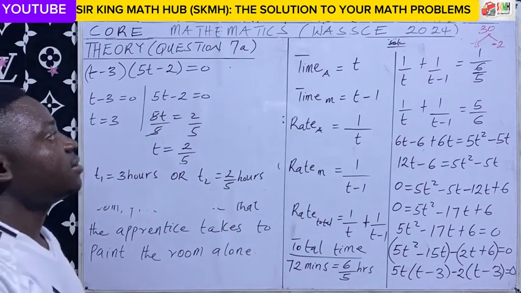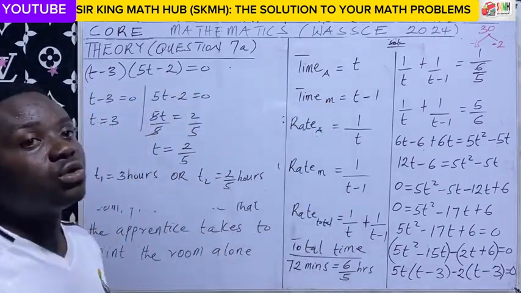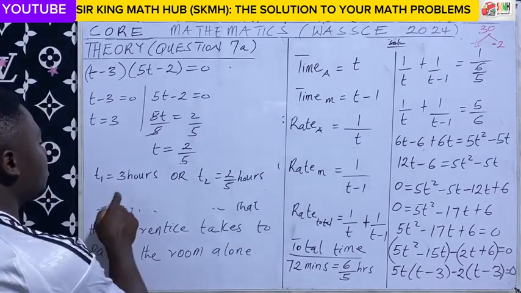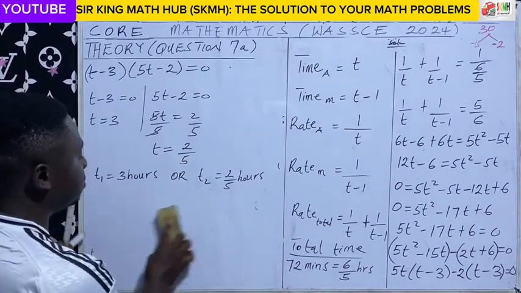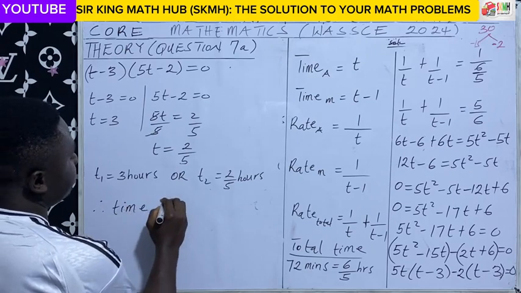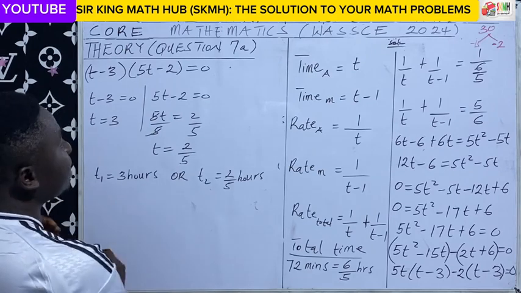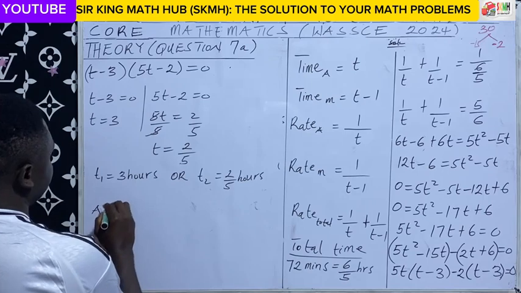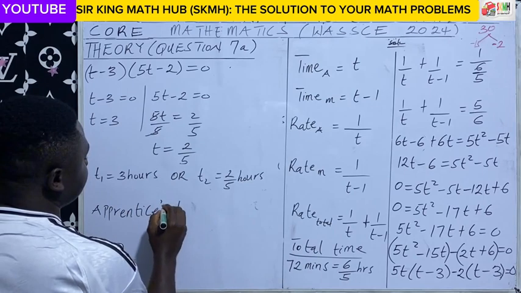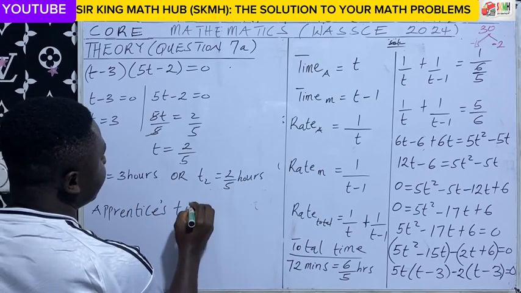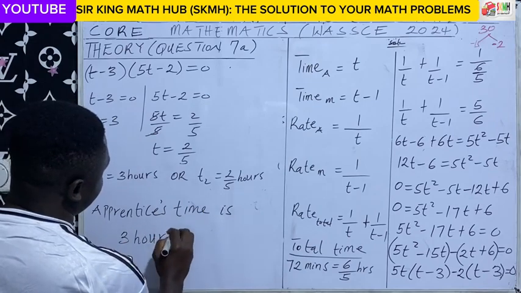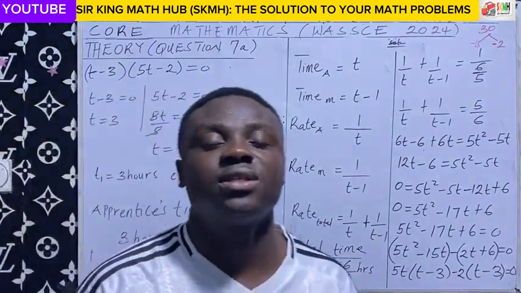Since the man took 1 hour less than his apprentice, the time here should be 3 hours. Therefore, we can conclude that the apprentice time is 3 hours.